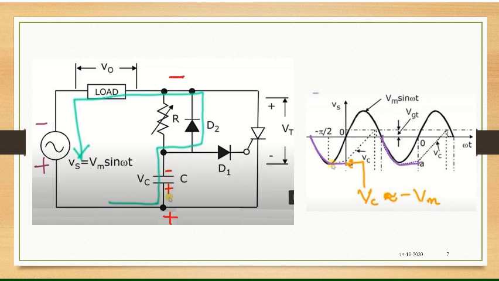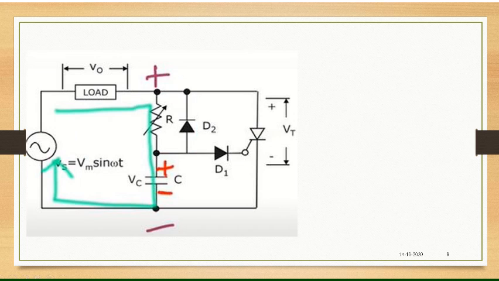So the diode D2 will be conducting, and the capacitor will charge via D2. The capacitor will charge to the maximum magnitude of the input signal, that is the voltage across the capacitor will be equal to minus Vm. This value will remain there till the input signal crosses 0. Till the input crosses 0, the voltage across the capacitor will be maintained at minus Vm.